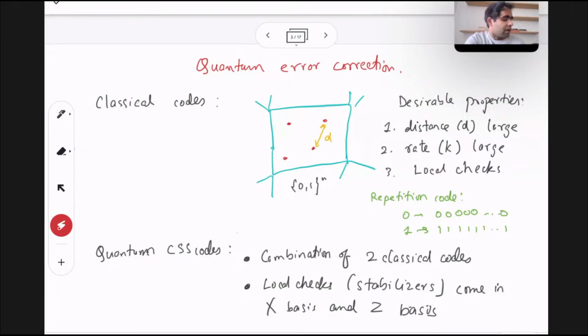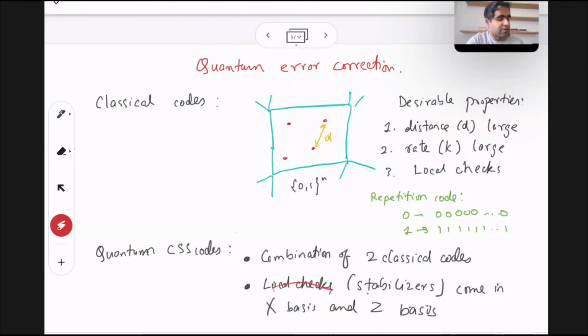All right. The quantum code is a generalization of classical code. A classical code corrects errors of the form where you suddenly flip a bit at random. In the quantum case, you can not only flip a bit, which is an X error, but you can also make a Z error, put a phase somewhere. In this case, we need to combine 2 classical codes in a clever way, and that's the CSS code.